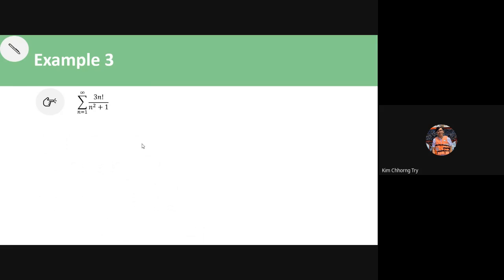Another example is the series sigma of 3 to the n factorial over n squared plus 1. In this case, a sub n is greater than 0 for n greater than or equal to 1, so we can apply the ratio test by taking the limit.